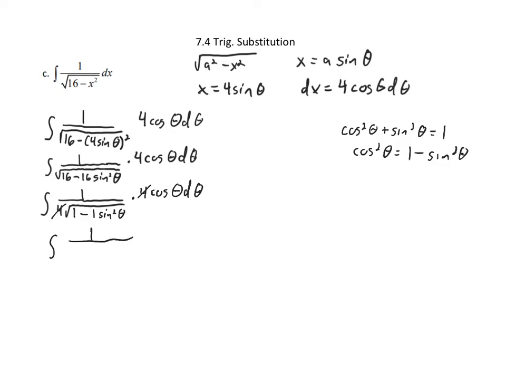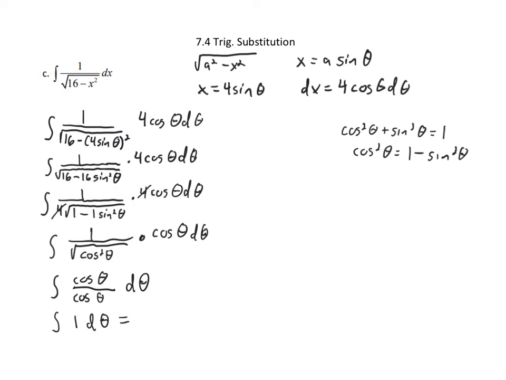So I've got 1 over the square root of cosine squared theta, times cosine theta d theta. Multiplying that out, I'd have cosine theta on top, and on the bottom the square root of cosine squared is again cosine. Cosine over cosine would be 1 d theta.